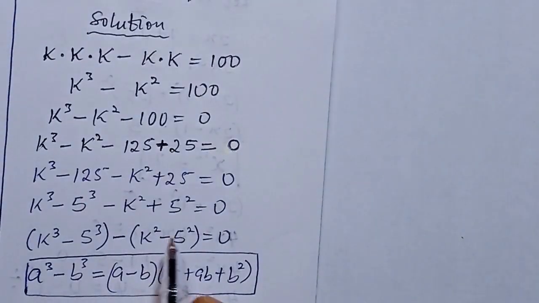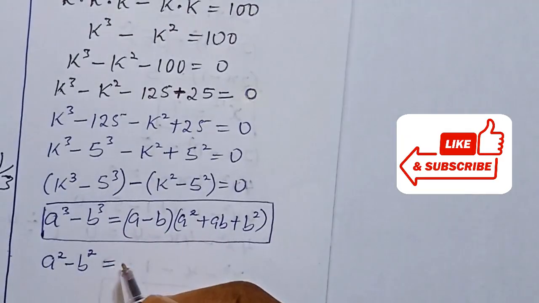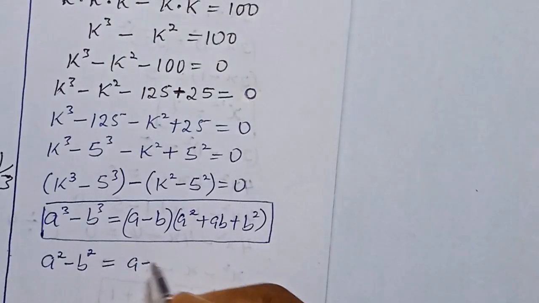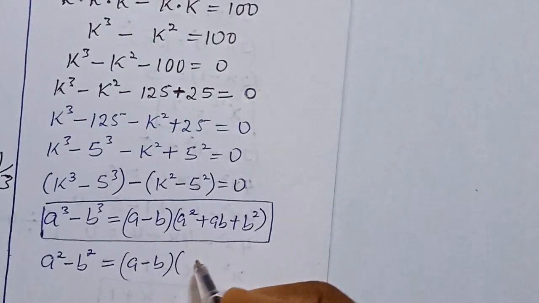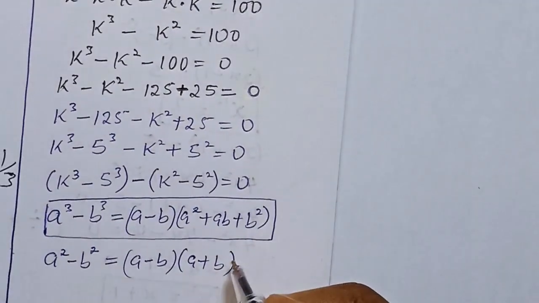So as for this term, the identity we are going to use is when we have a squared minus b squared, and that can be written as the difference of two squares, which simply means a minus b into bracket, then a plus b into bracket.